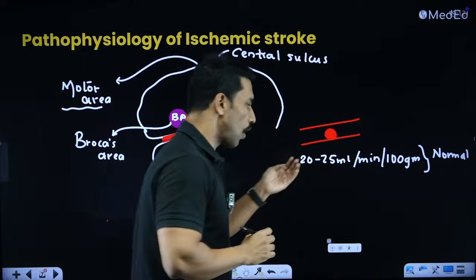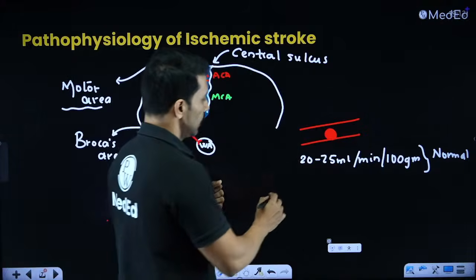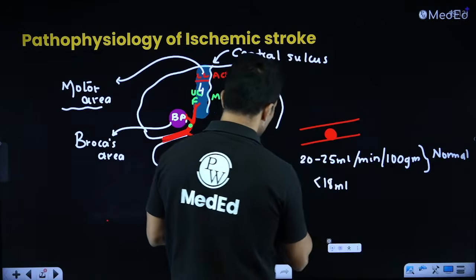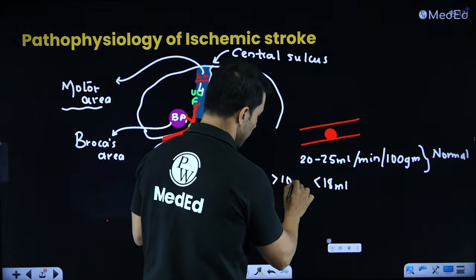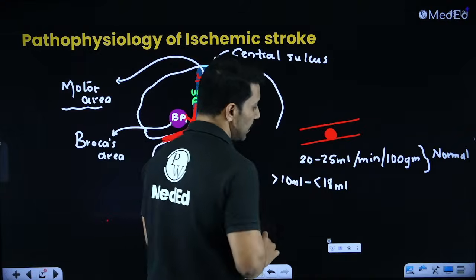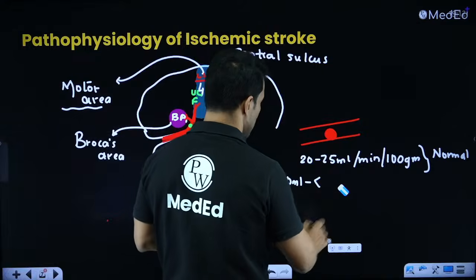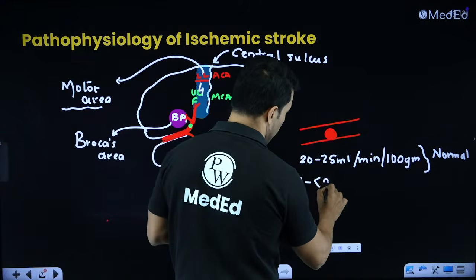But once the flow drops below this, when the flow drops below 18 ml, but you're still maintaining more than 10 ml, so more than 10 ml but less than 20 ml, because we've written 20 to 25 ml as the normal flow.